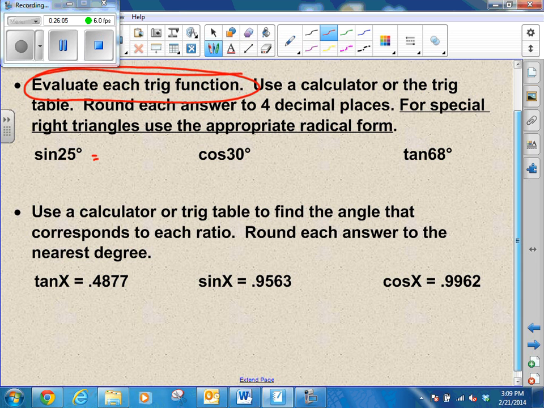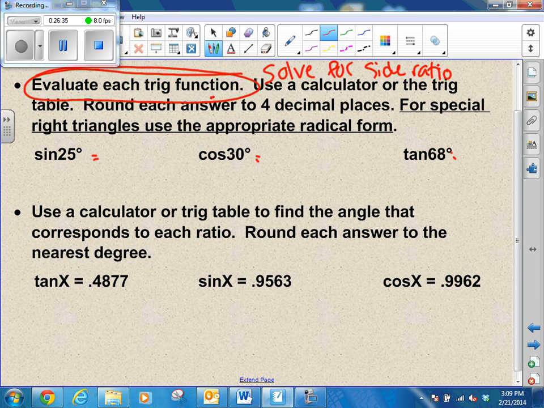What are you missing here? The ratio, the decimal. So anytime you see evaluate each trig function, you're missing the side ratio, so that means to solve for the ratio. I would definitely jot that down. Evaluate a trig function means to solve for the missing ratio.